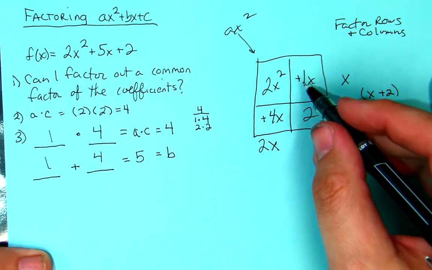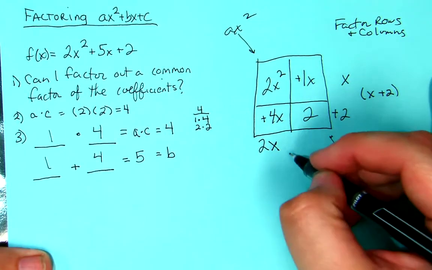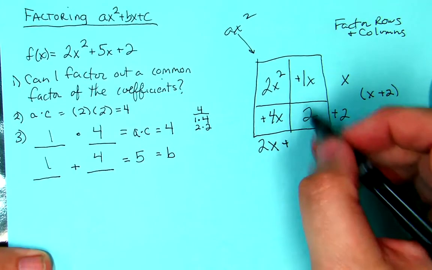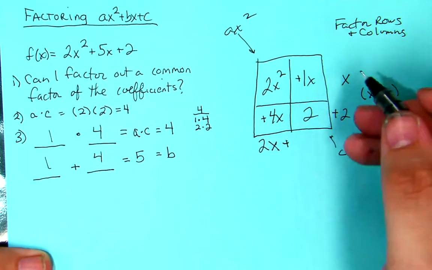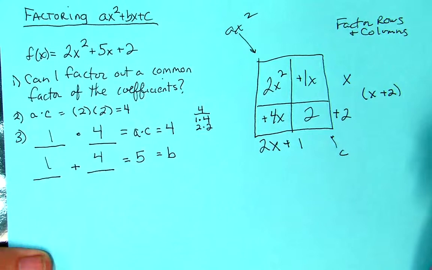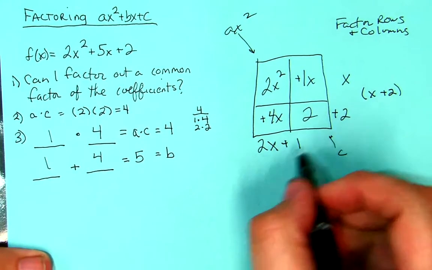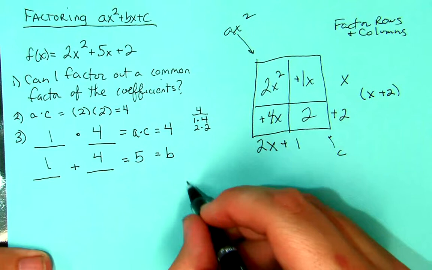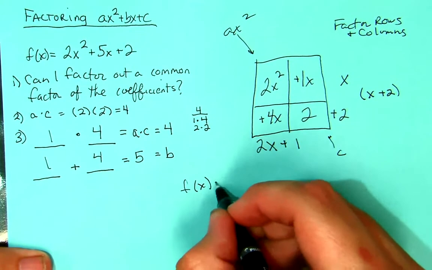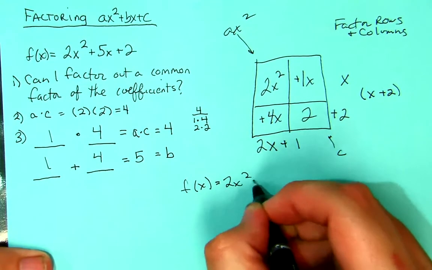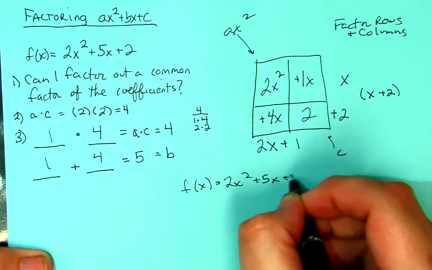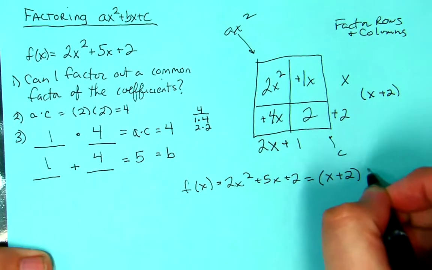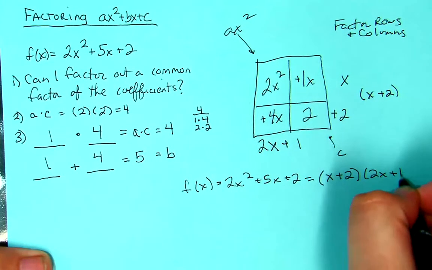Now here I have a plus, it's positive, so I know I'm going to get plus here. I look at the numbers 1 and 2. I can't factor out anything except for a 1, so I'm going to have to put 2x plus 1. So that tells me that the binomial down here is 2x plus 1. So f(x) is equal to 2x squared plus 5x plus 2, which is also equal to (x plus 2)(2x plus 1).